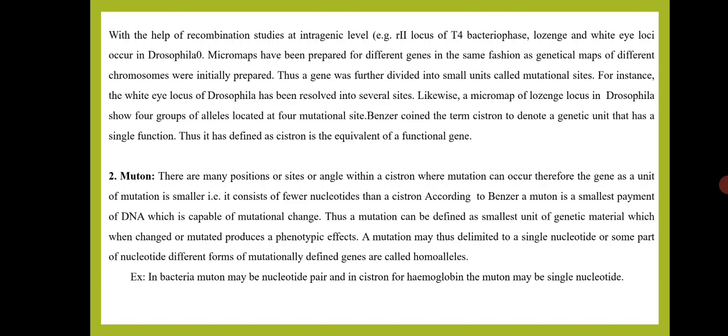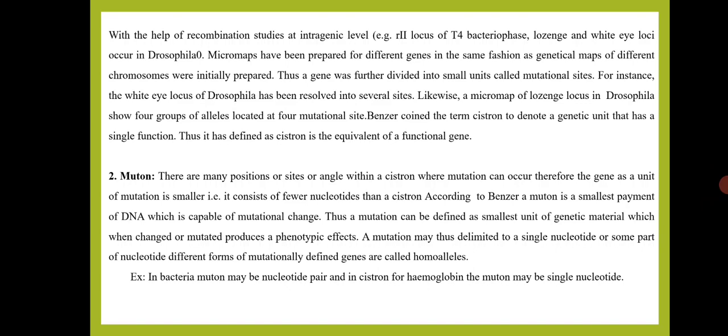According to Benzer, a muton is the smallest segment of DNA which is capable of mutational change. Thus, a muton can be defined as the smallest unit of genetic material which changes or mutates to produce a phenotypic effect. Mutation may thus be delimited to a single nucleotide or some part of a nucleotide.